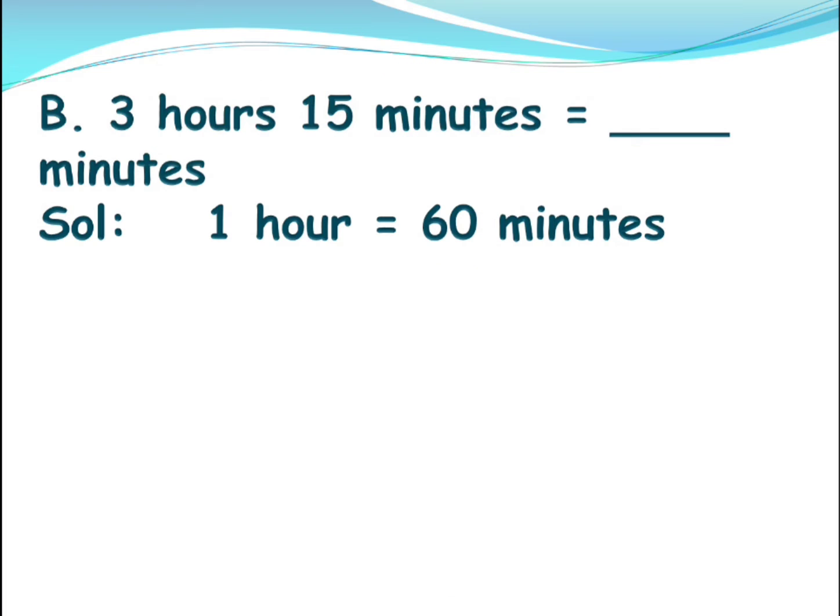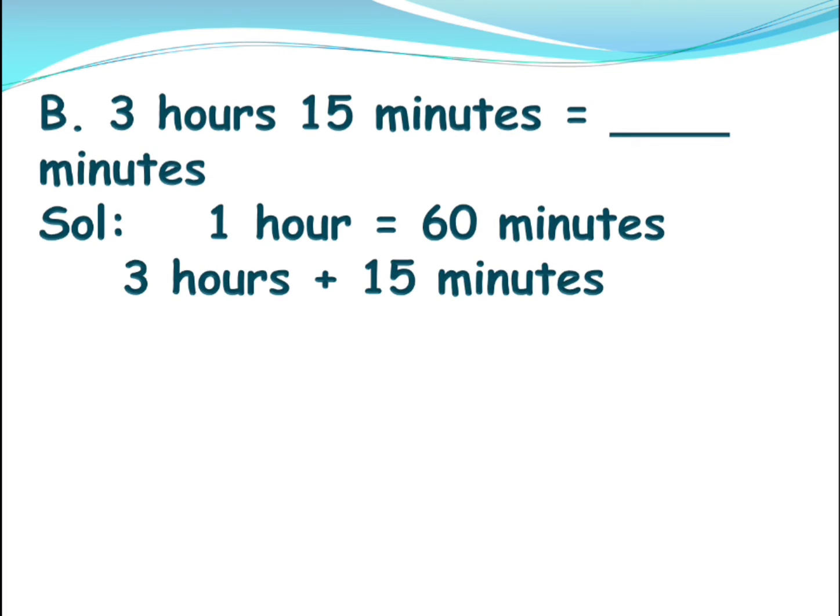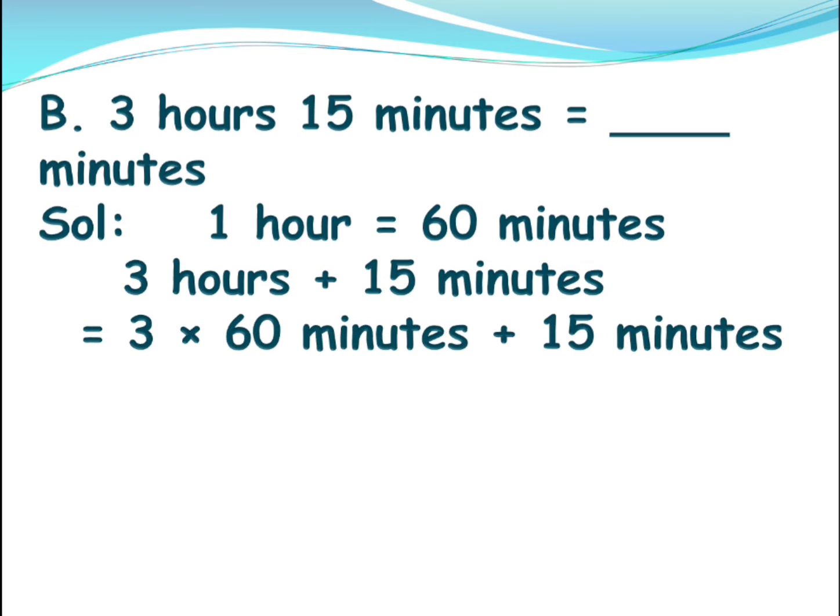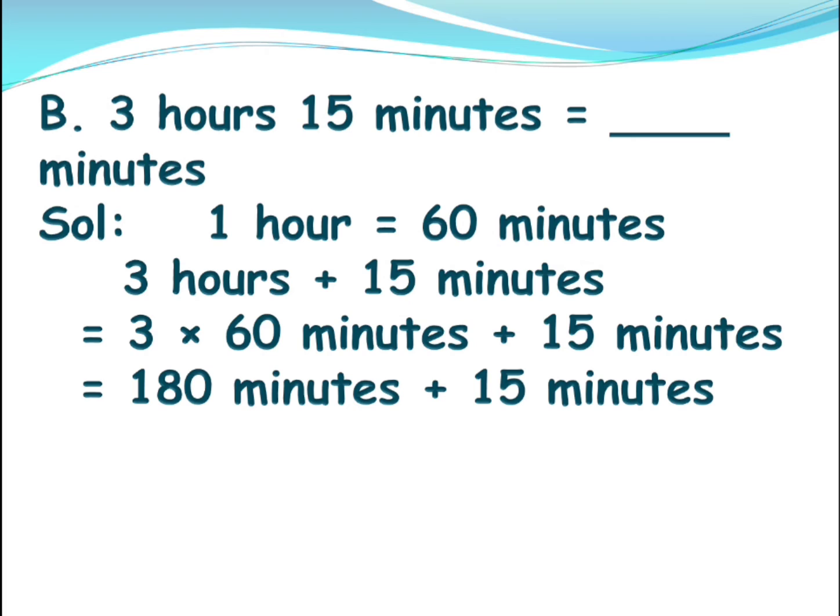Okay. So 3 into 60. 3 hours plus 15 minutes. We are separating the hours and minutes. So 3 into 60 minutes plus 15 minutes. 3 into 60 minutes becomes 180 minutes plus 15 minutes. If you add all together, both are minutes, right? Hours and minutes we can't add, because hours is the bigger unit of time and minutes is a smaller unit of time.